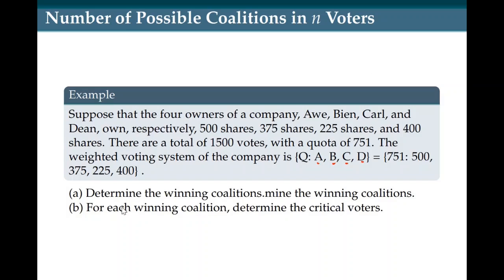So let's determine the winning coalitions of this problem. But first, we have the following coalitions: A, B, C. You may start with enumerating all possible coalitions so that it will be easier for you to determine which is a winning coalition or a losing coalition.